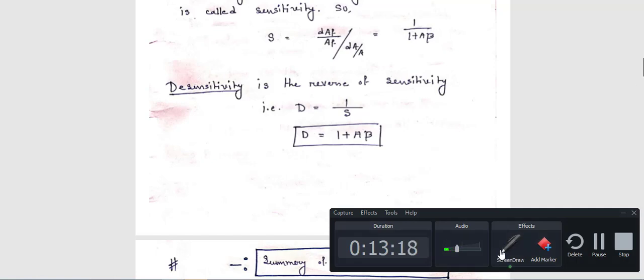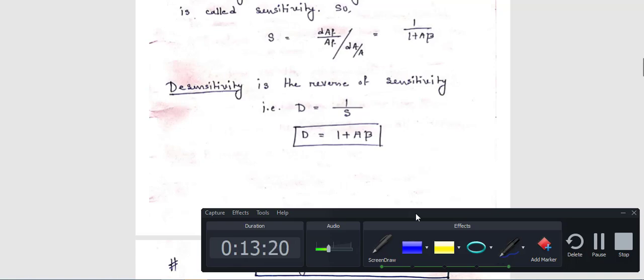For a positive feedback amplifier, desensitivity D will be equal to 1 minus A beta.